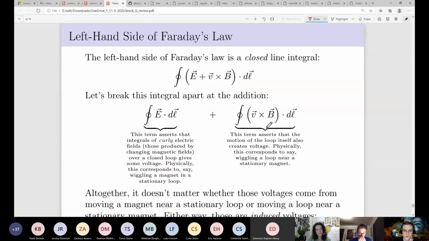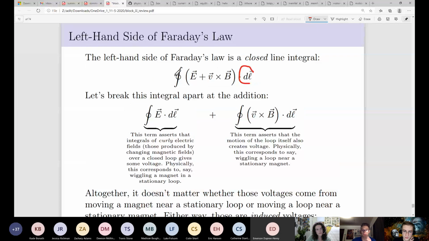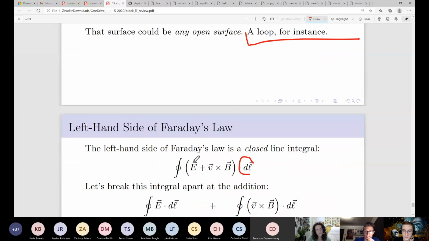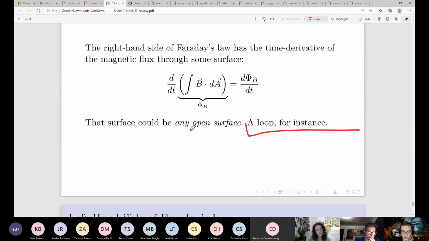For the left-hand side of Faraday's law, that's where it gets kind of most tricky. The left-hand side of Faraday's law is a closed line integral. So it's the closed line integral of this quantity, E plus v cross B, dotted with dl, where this dl and the line integral is on the boundary of the loop through which we were considering the flux earlier.